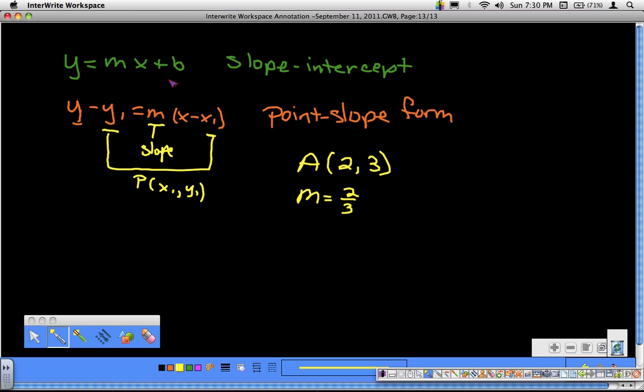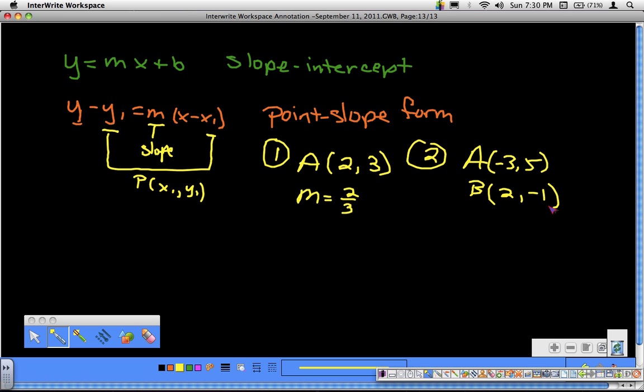The second option would be one where maybe they give us 2 points, and then we use those 2 points to solve for our slope. Because then when we substitute back in, we'll have a slope to plug in here, and then we have our choice. Either we can let this one be x1 and y1, or we can let our second point be x1 and y1.